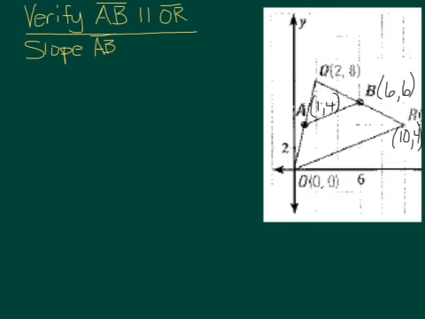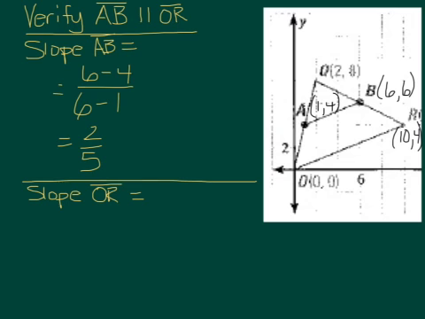So let's start by finding the slope of AB. Remember, our slope formula is y2 minus y1 over x2 minus x1. So we'll take y2, 6, and subtract y1, 4, over x2, which is 6, and x1, which is 1. So the slope of AB is 2 over 5.